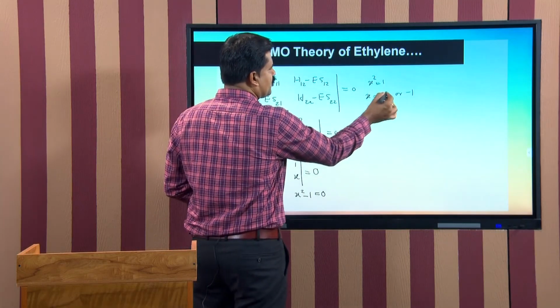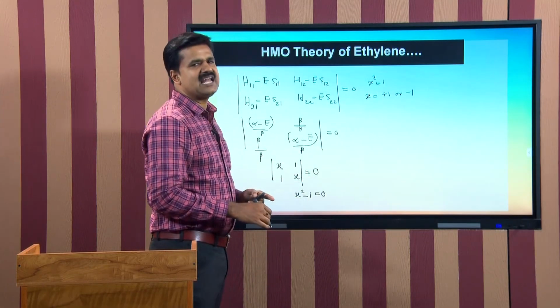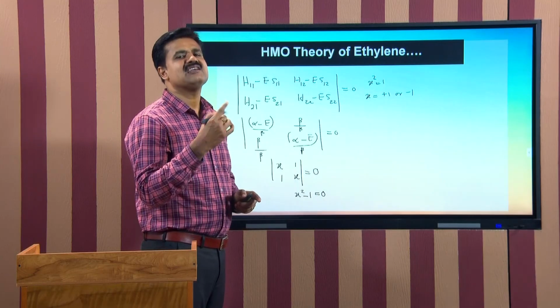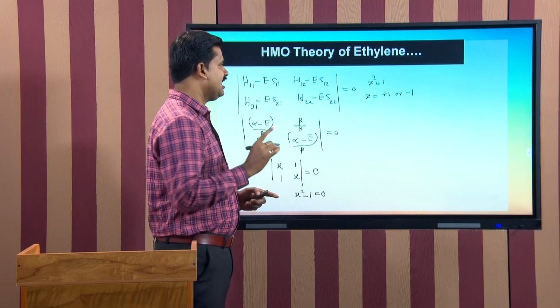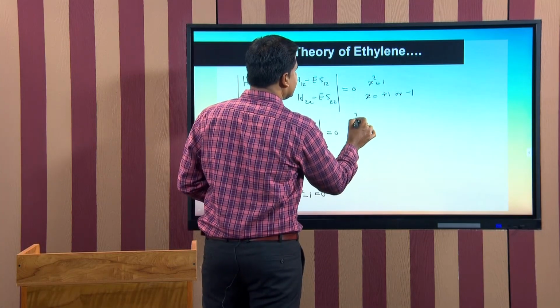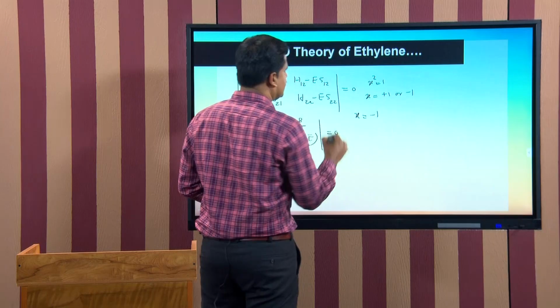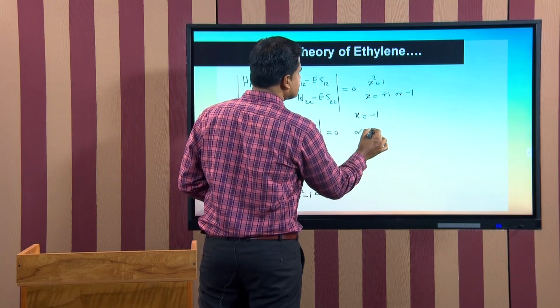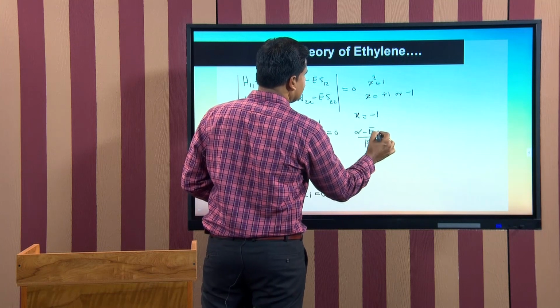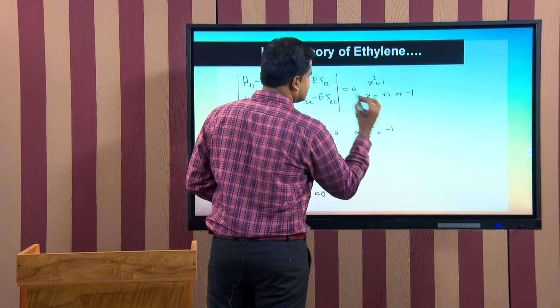And by putting x equal to plus 1 and x equal to minus 1, we can find out two energy levels. First of all, I can put x equal to minus 1. We know x is equal to alpha minus E by beta, that is equal to minus 1.